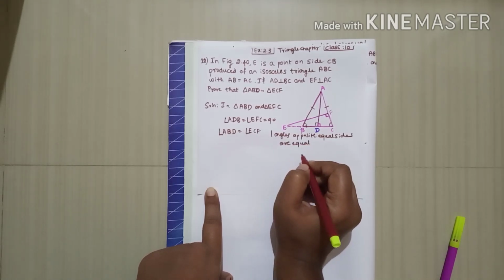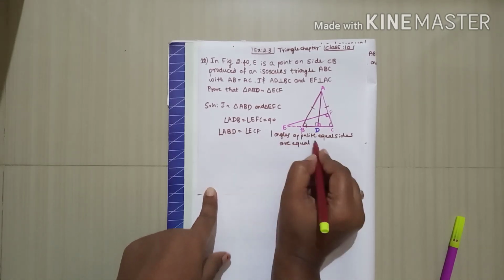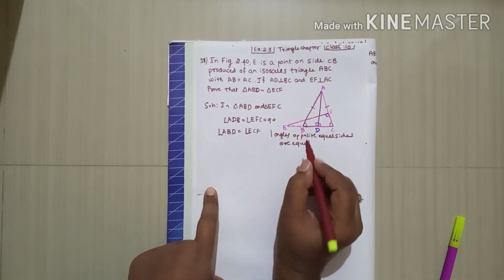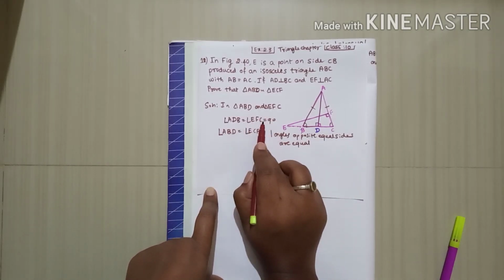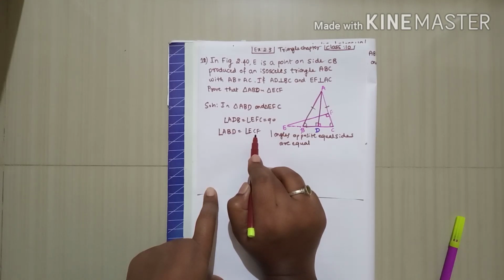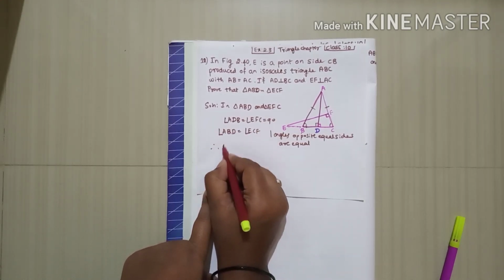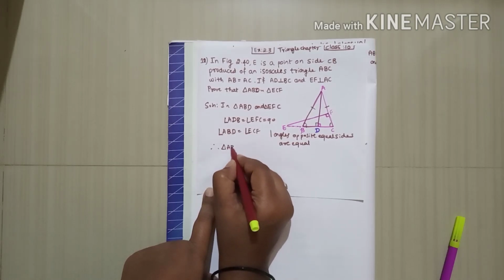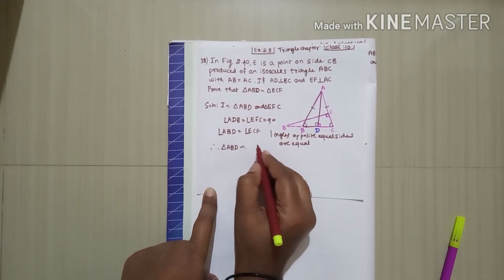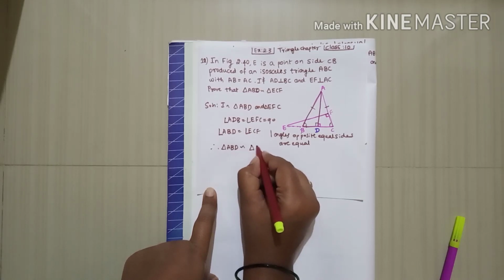This theorem you already learnt in 9th standard. Angles opposite to equal sides are equal. Now, in both the triangles, two angles of one triangle are equal to two angles of the other triangle. By AA criteria, we can say these two triangles are similar. Therefore, triangle ABD is similar to triangle EFC.